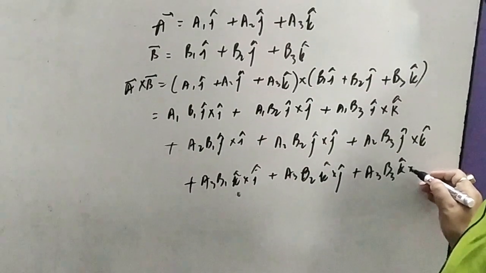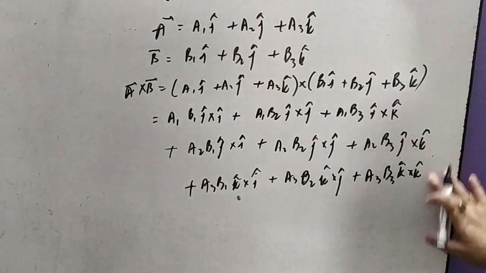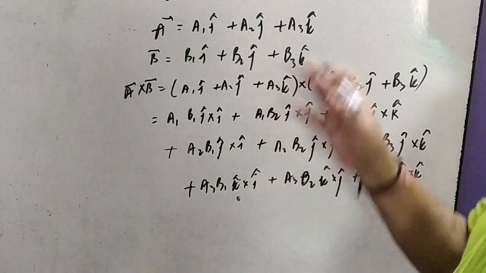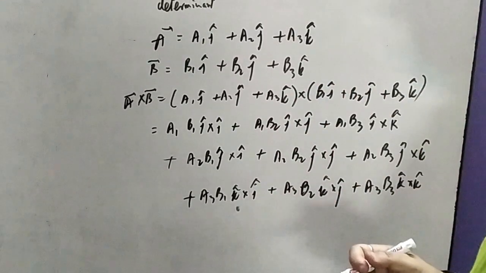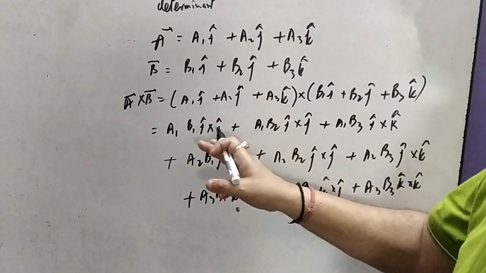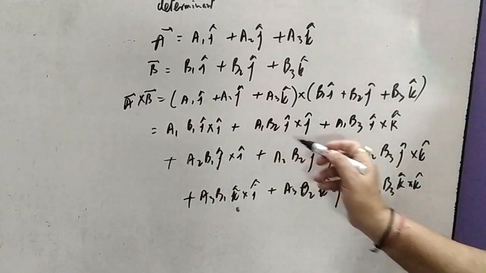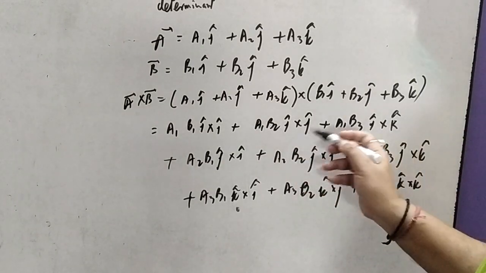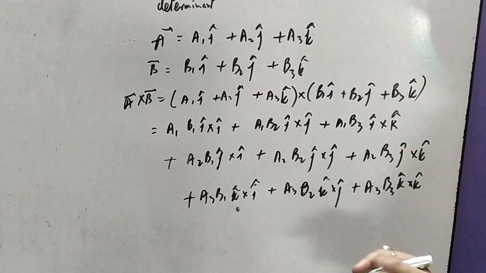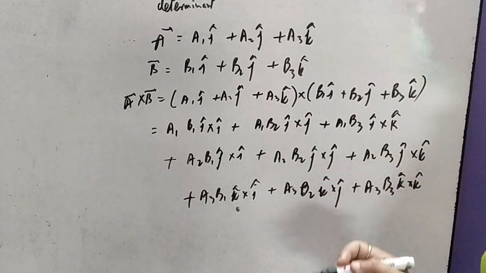Now we have to apply the basic rules of these orthogonal unit vectors. That is, I cross I is 0, J cross J is 0, and K cross K is also 0.